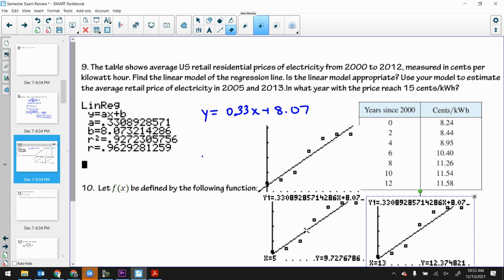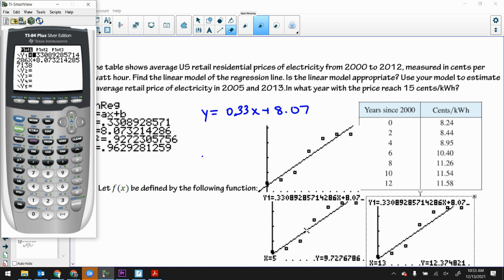Then it says, in what year would the price reach 15 cents per kilowatt hour? All right, so now I need to go into my y equals and say, I want to know when the y value, the threshold, is going to be 15. I'm going to zoom fit this so I'll see 15 coming across. I don't see the intersection point here, so I have to zoom out a little bit.